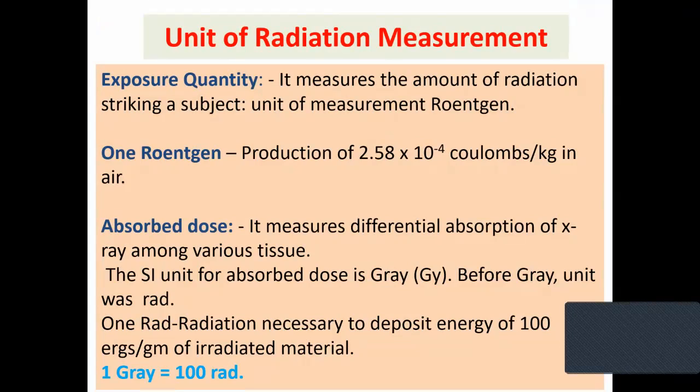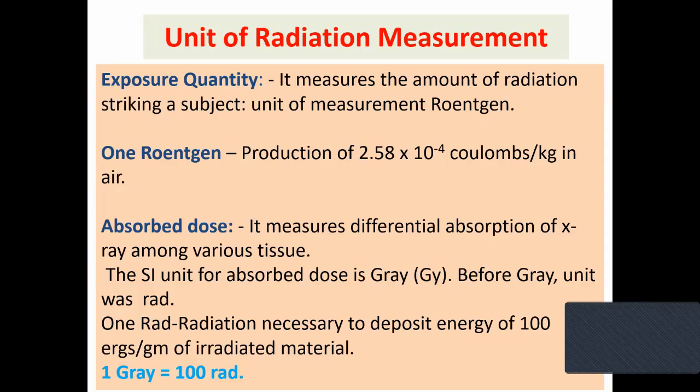That means the unit of exposure we measure with the Roentgen, and one Roentgen is equivalent to the radiation that produces 2.58 into 10 to the power minus 4 coulomb charge per kg in air, because ionizing radiation ionizes and produces this much charge.